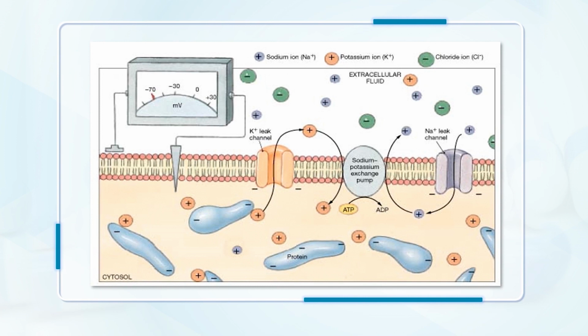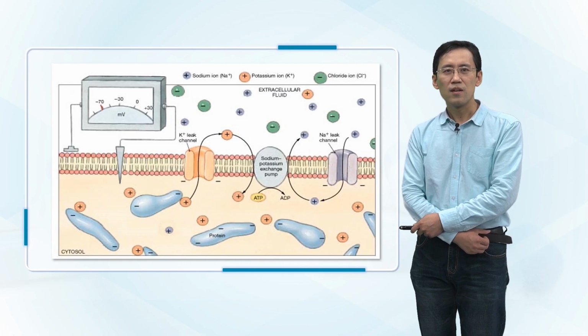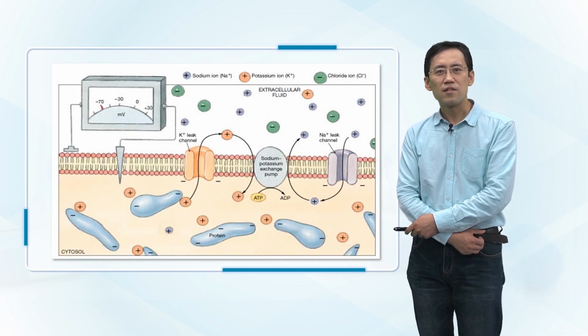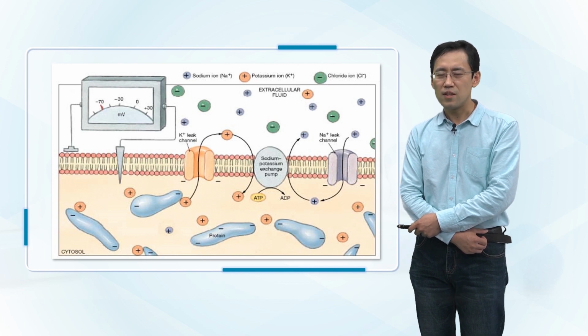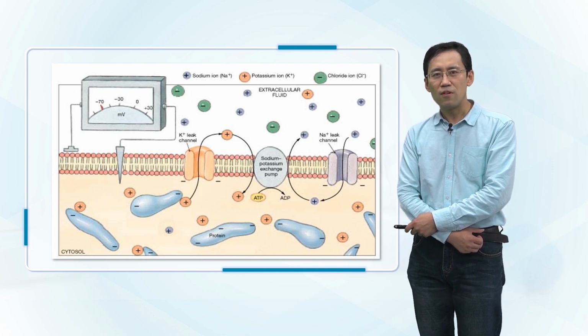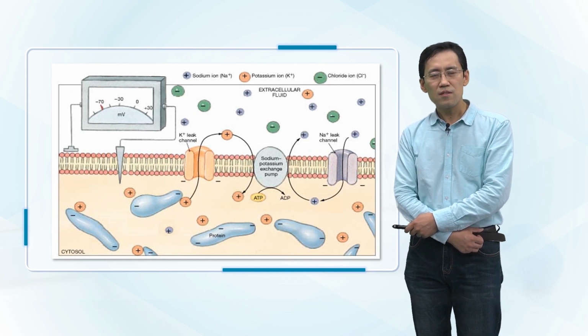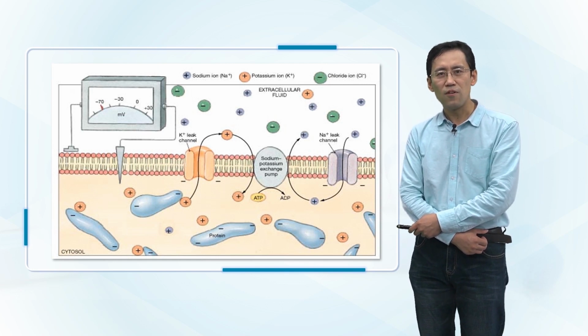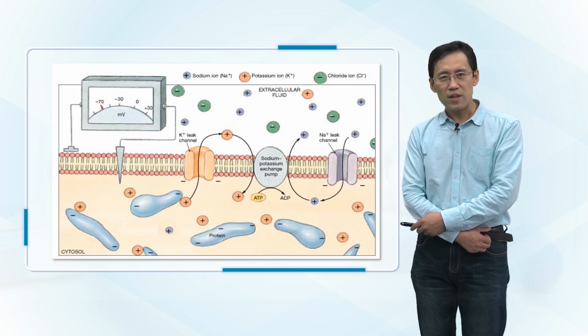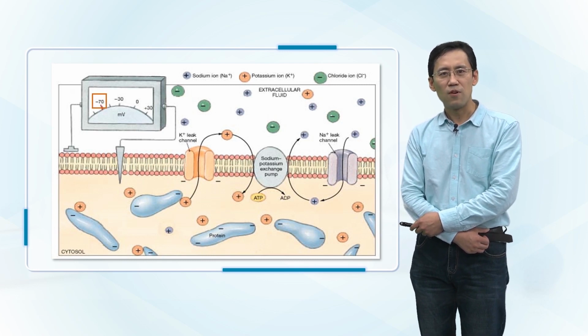So the flow of potassium from intracellular to extracellular can generate about 70 millivolts of voltage. This can form the resting potential voltage.